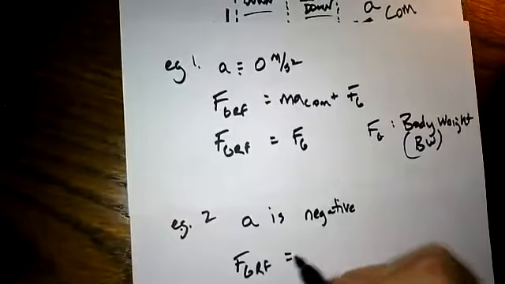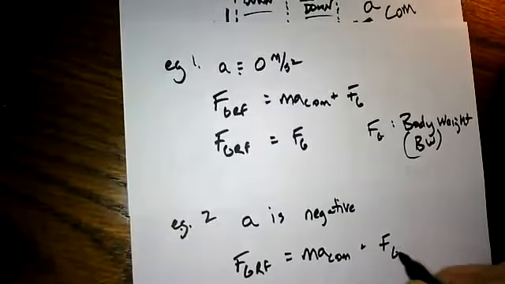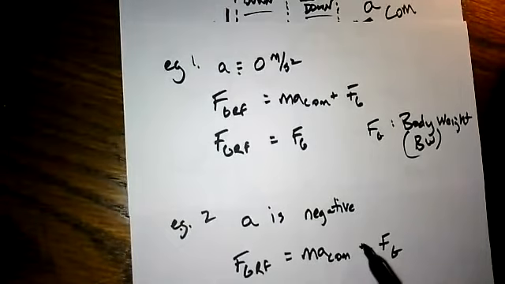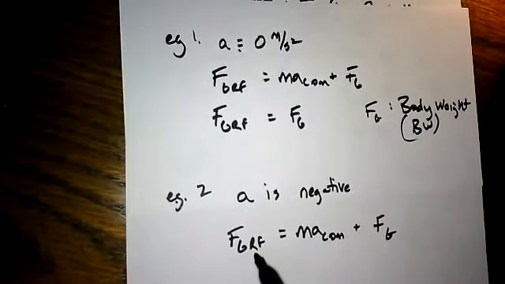F_GRF is equal to m·a_COM plus F_G. If A is negative, then in order for this equality sign to be true, F_G has to be less than the ground reaction force. Has to be less than.